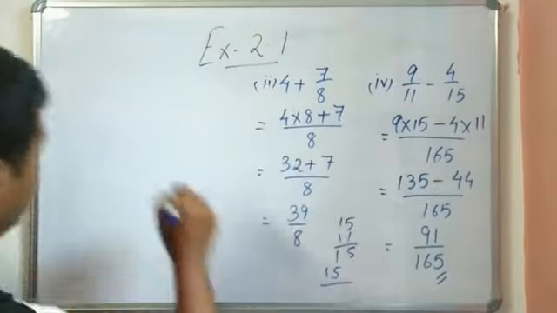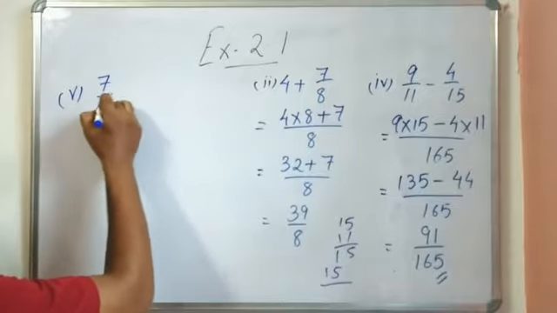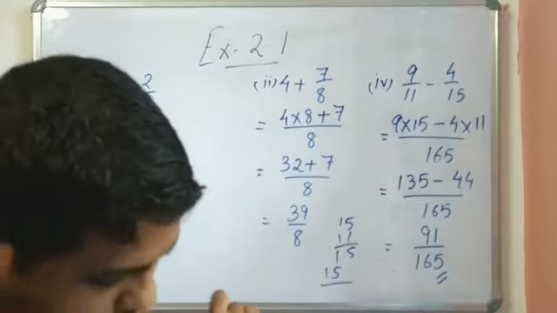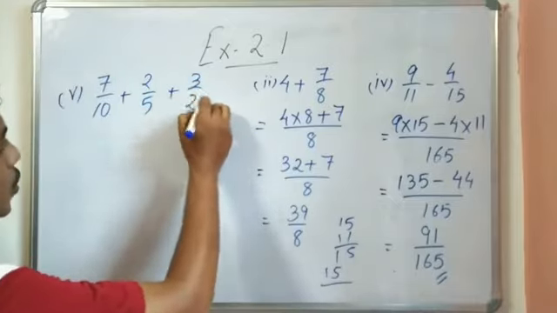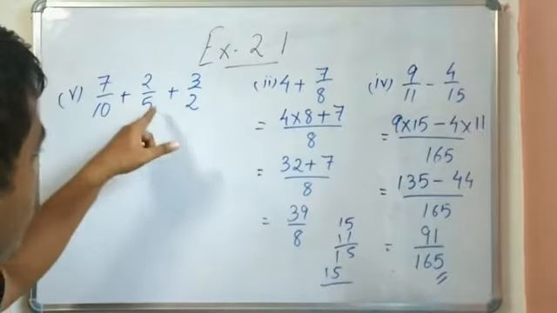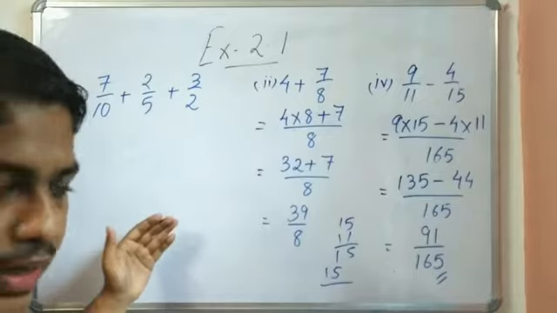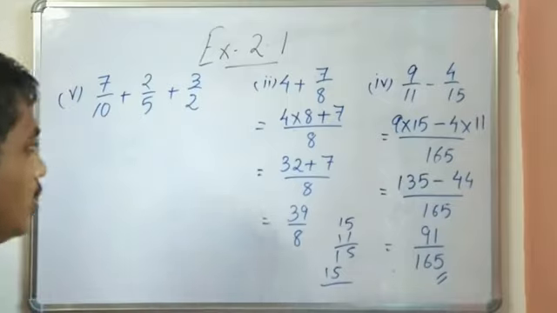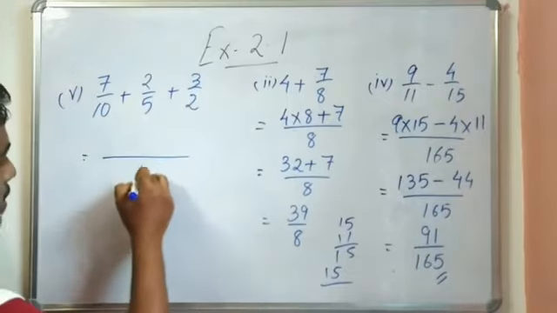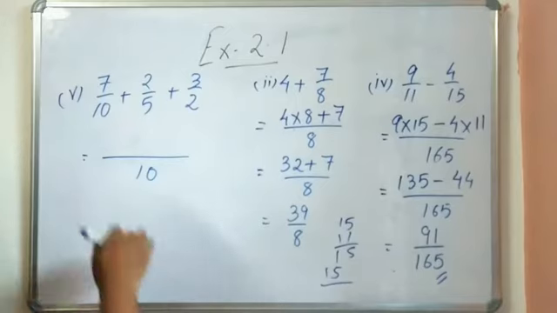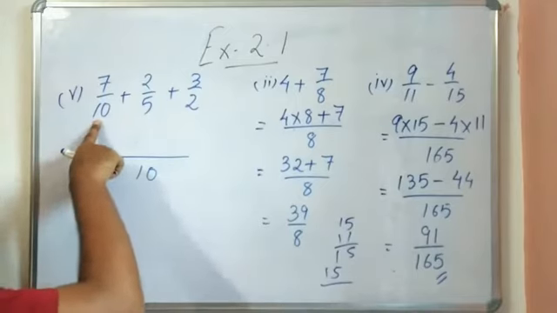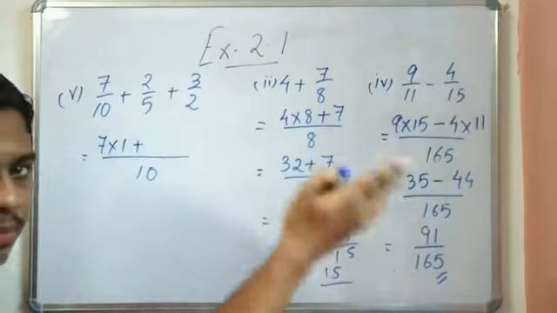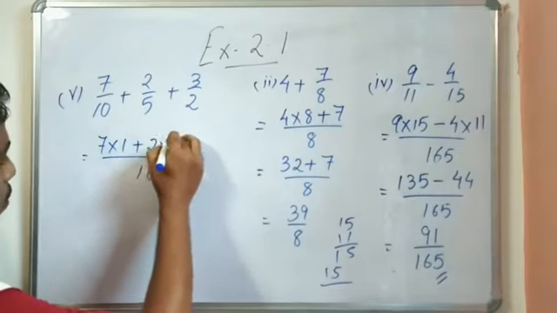Question number 5 goes like this: 7 by 10 plus 2 by 5 plus 3 by 2. What to do? First find the LCM of all three. The LCM will be 10. Since there is already 10 below, we multiply 7 into 1 above. Plus, for 5 we multiply 2 by 2 to make 10, so 2 into 2.